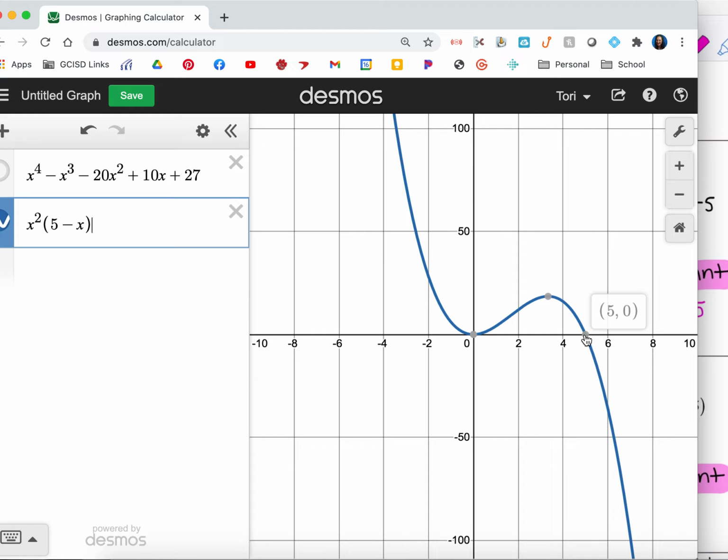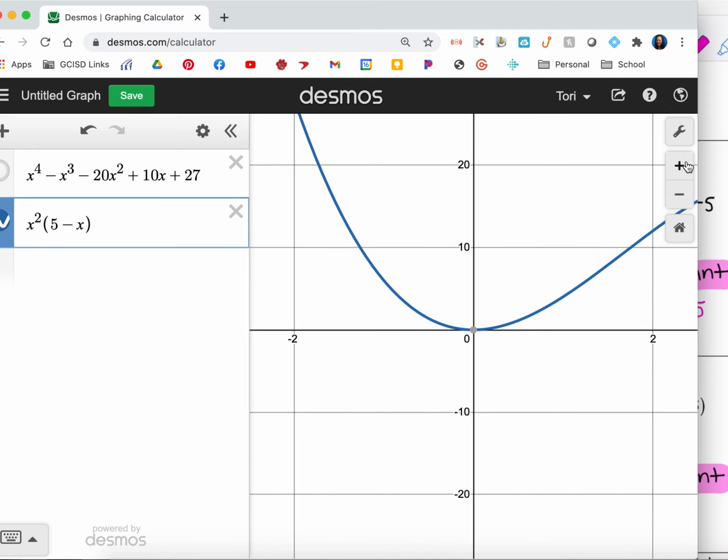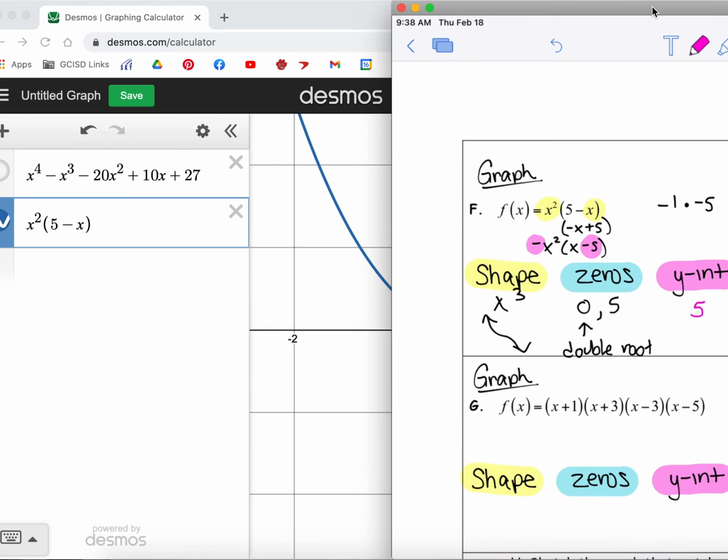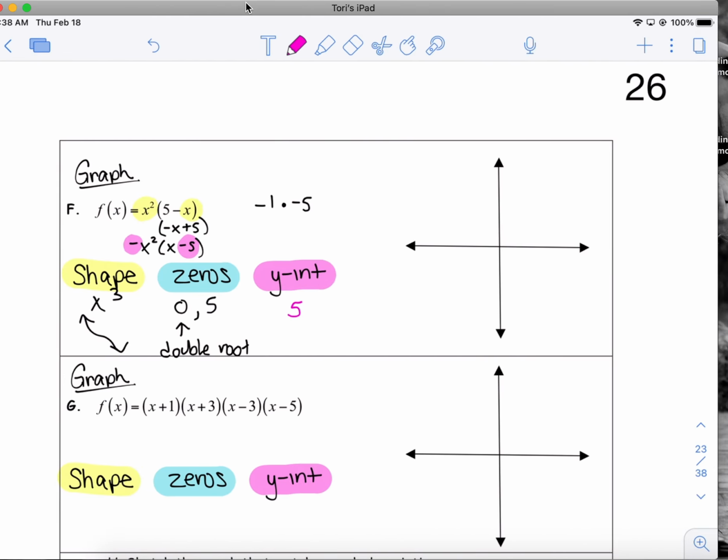We had an intercept at 5. And then it looks like there is not a y-intercept on 5, which makes sense because we're hitting on 0. So let me go ahead and fix that guy. So if you're crossing the x-axis at 0, that would also mean you're hitting the y-axis at 0.